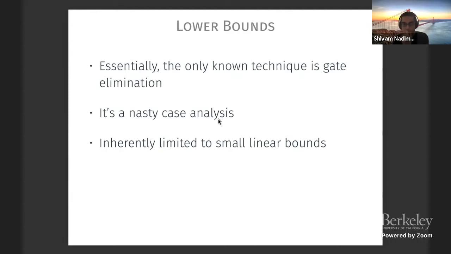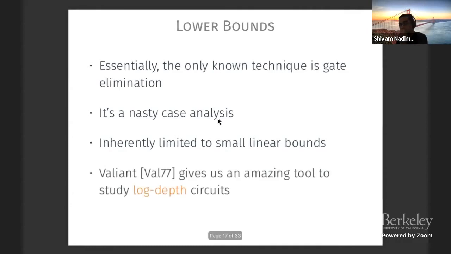In this work, we suggest one such technique. It doesn't lead to new circuit lower bounds immediately, but hopefully maybe sometime later. But first, I want to say that in the 70s, Valiant already gave an interesting non-gate-elimination technique for proving circuit lower bounds, but for a special case of circuits, for circuits of logarithmic depth.